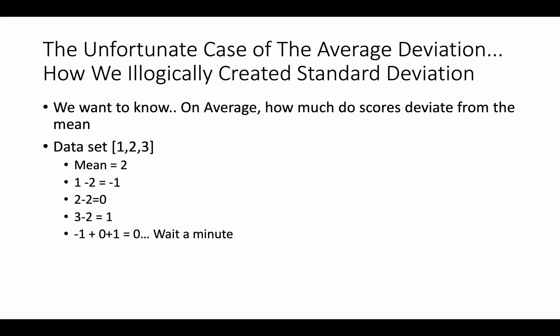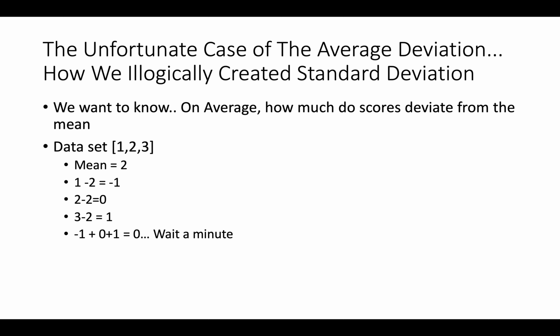That's a joke, I'm just kidding. But we know the mean, and I want to create a measure of variability. Well, I want to know, on average, how much these scores vary from the mean. I know how to calculate means. So let me calculate the mean of deviations from the mean, the average deviation. Let me see what's going to go on there.